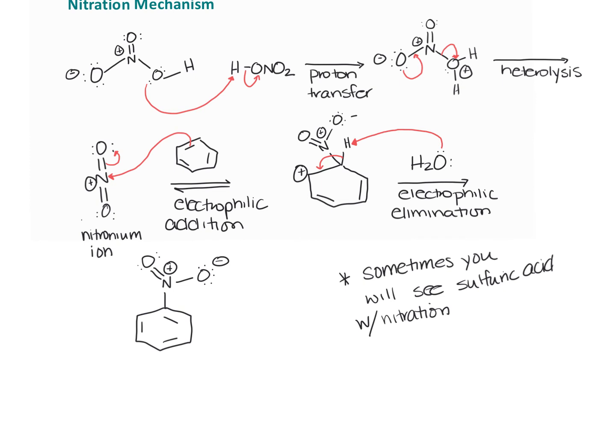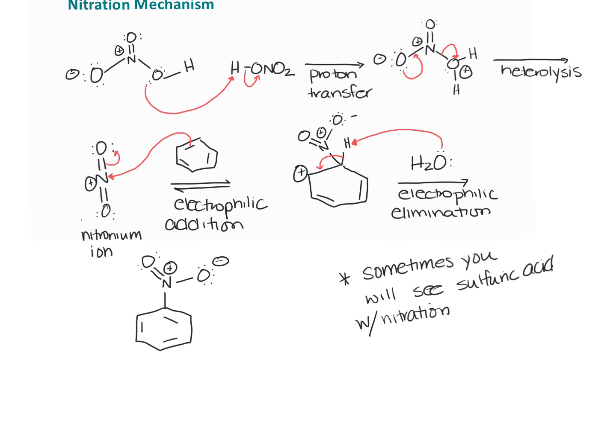And so the rate of the electrophilic aromatic substitution is directly proportional to the concentration of this electrophile. So the more concentrated you make it, the faster the rate's going to go.